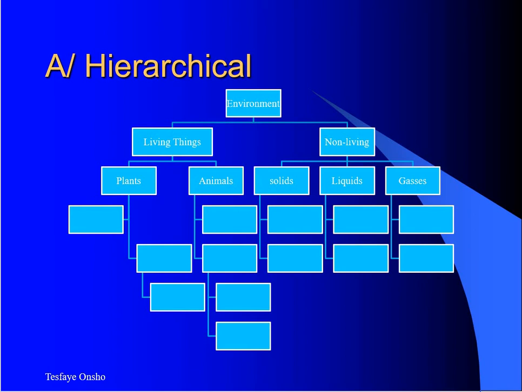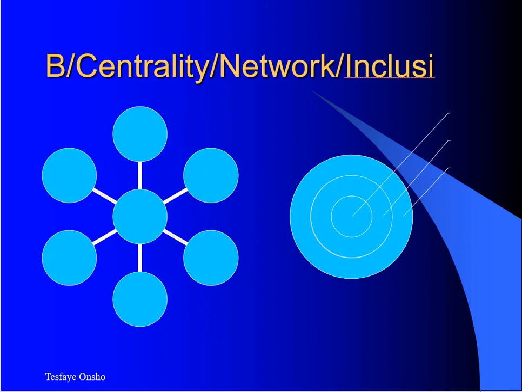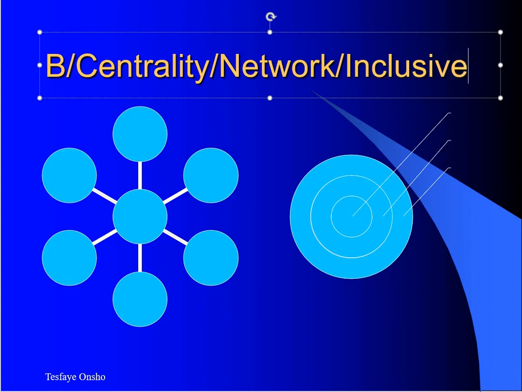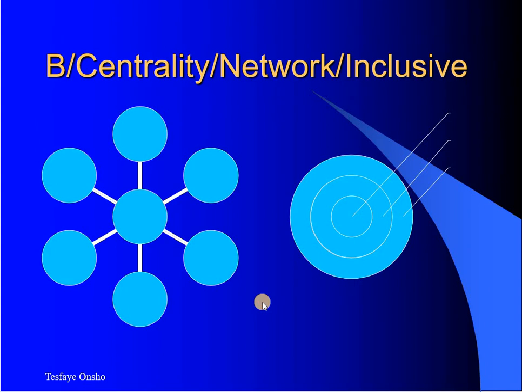We can use the same for our own note taking and organizing stuff. And the other one is where, sorry, that is inclusive. When we have such information that has a centrality or some networks, or maybe some kind of inclusiveness like in here, we can put it like that.